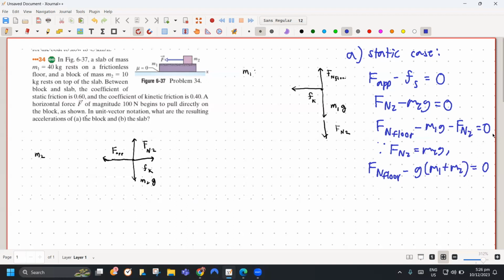So for M1, M1A is equal to F applied minus static friction.